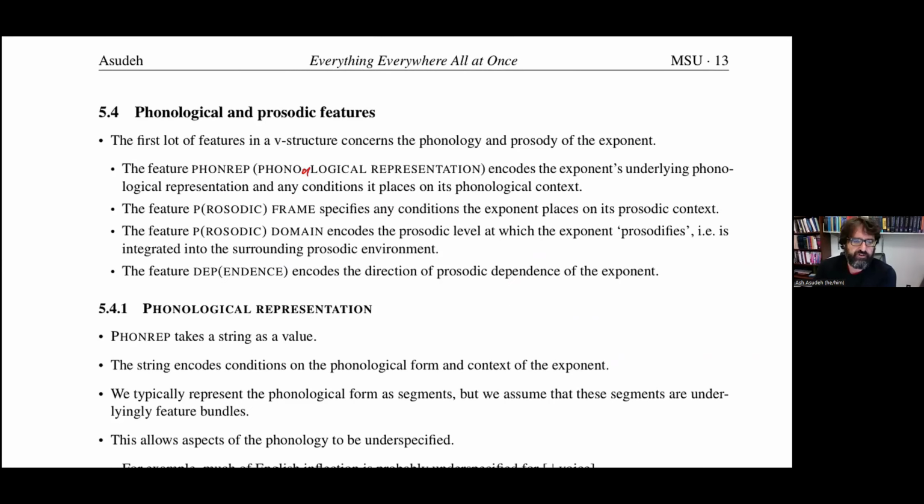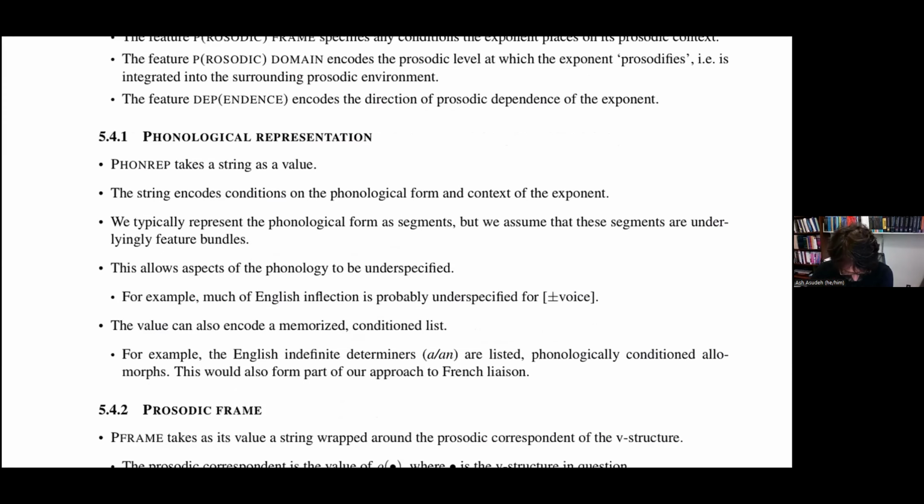The feature prosodic frame specifies any conditions the exponent places on its prosodic context, and the feature prosodic domain encodes the prosodic level at which the exponent prosodifies, i.e. it is integrated into the surrounding prosodic environment. The feature dependence encodes the direction of prosodic dependence of the exponent.